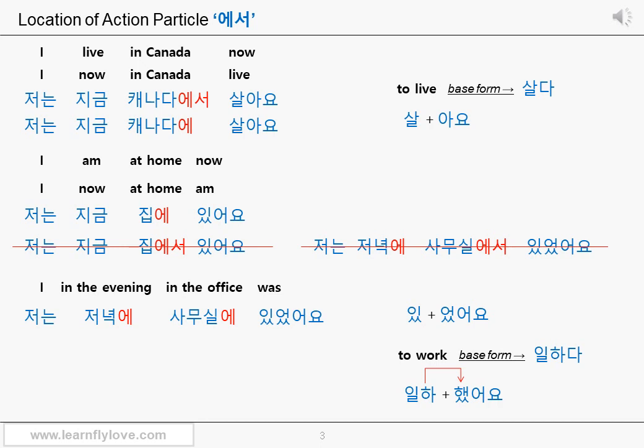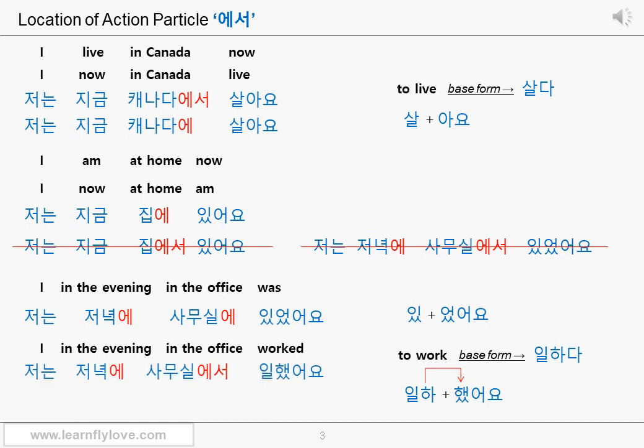Okay? Next sentence. I, in the evening, in the office, worked. I worked in the office in the evening. Now the verb to work is used, and the office is the place where the action of working took place. Therefore, you should use the location of action particle 에서. You cannot use the particle 에. Worked.